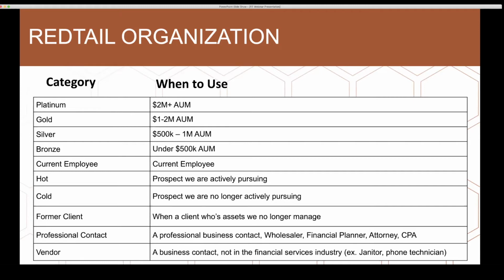Okay, so I want to run a list of all of my active clients. But then I am having some posh lunch, and I really only want to invite my platinum clients to that. So I want to have an active client list that filters by platinum clients only. So that's what I mean in terms of looking at this from the lens of reporting. What contact reports are you going to want to run?